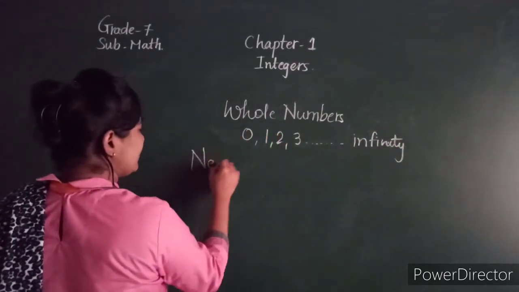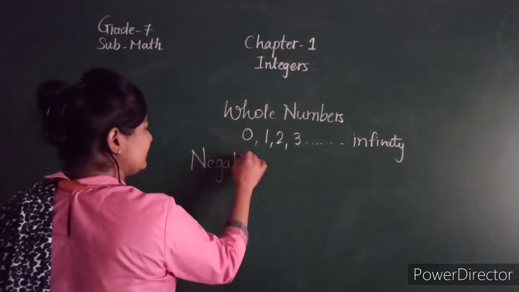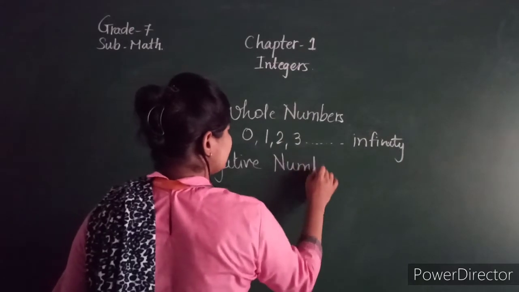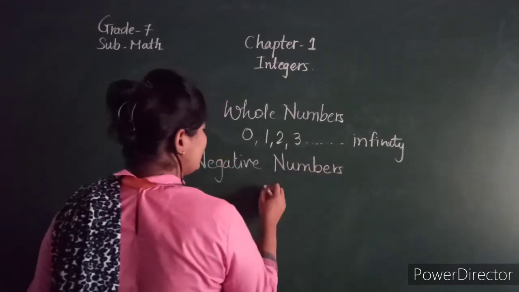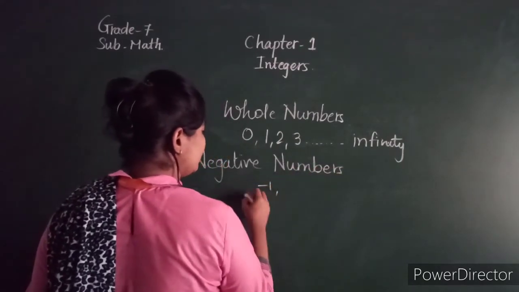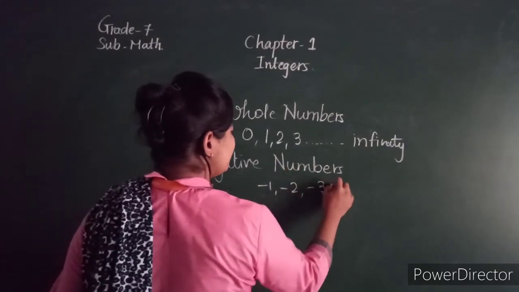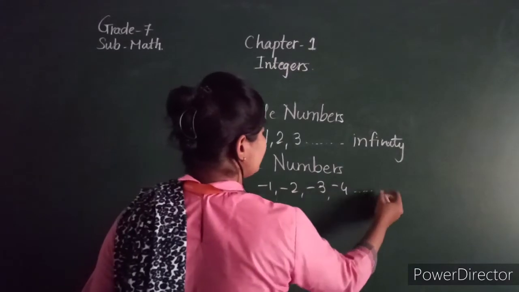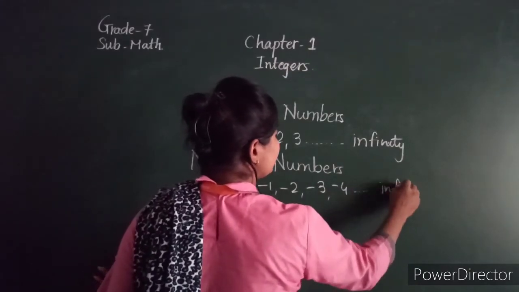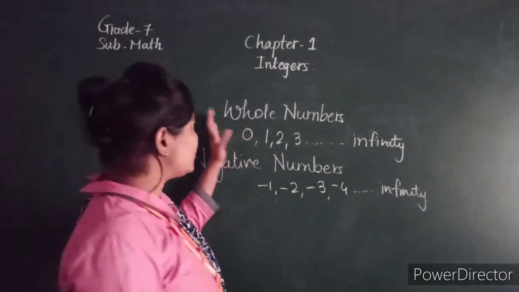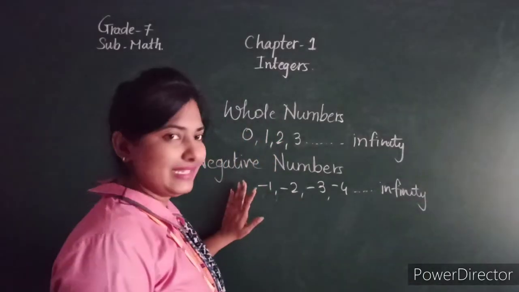And negative numbers, you know, are -1, then -2, -3, -4 and so on up to infinity. So it is a bigger collection of whole numbers and negative numbers.